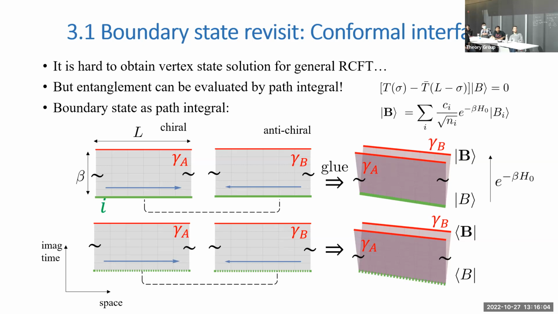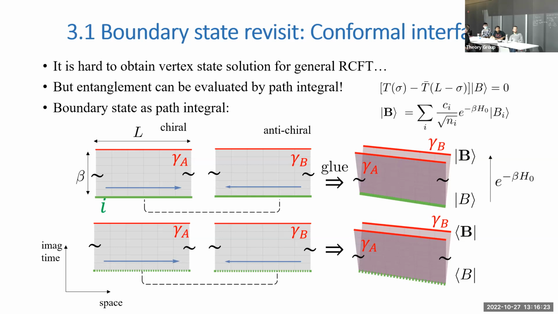So we want to take a different approach to compute all the entanglement quantities without really needing to solve for this vertex space. And this can actually be done by using the so-called conformal interface approach.